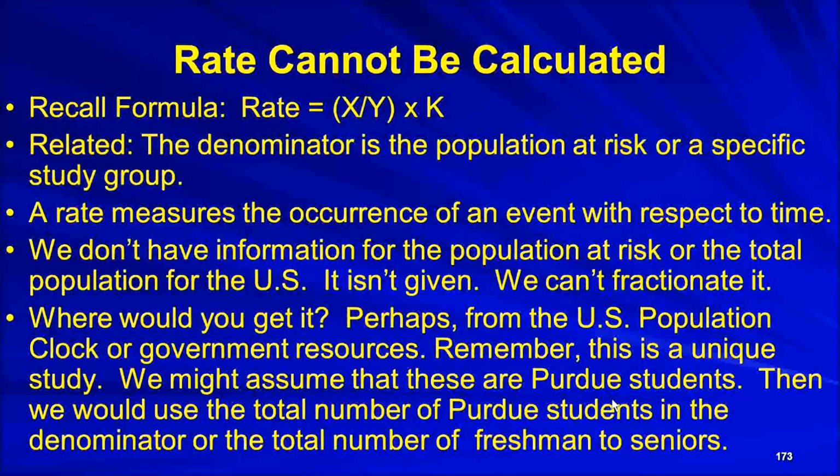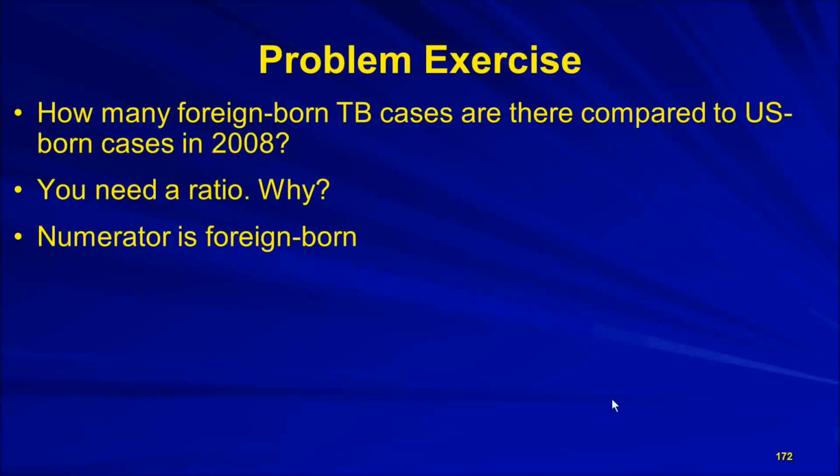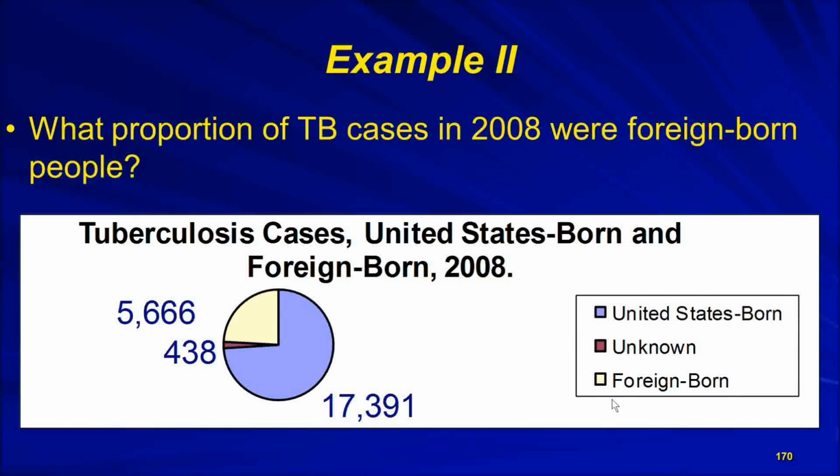So if we were looking at the total population for the U.S., we'd have a rate of, let's see, how many people did we have now? We had, if we were looking at the number, hang on, I'll get to it. If we're looking at the number, let me go all the way back to the chart.